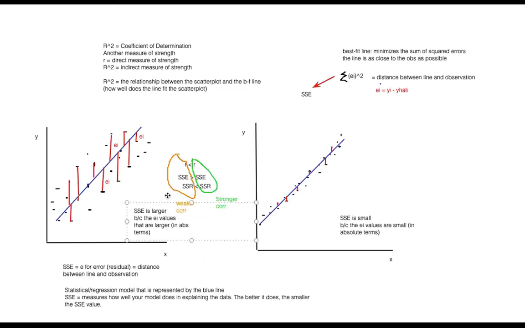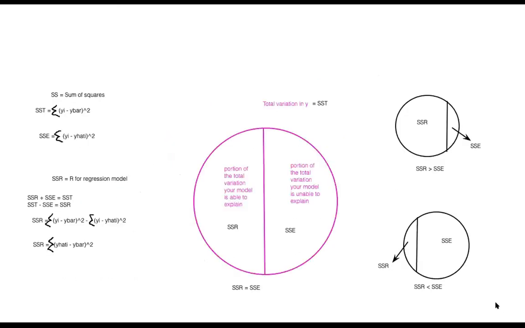So that means that your left scatter plot looks more like this. This is what your left scatter plot looks like. And this is what your right scatter plot looks like.